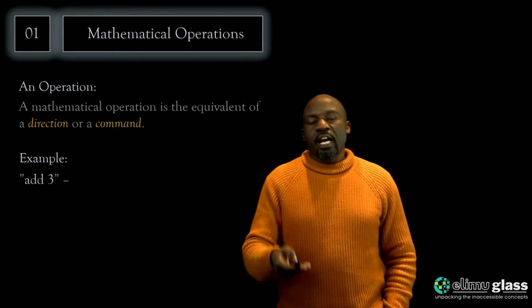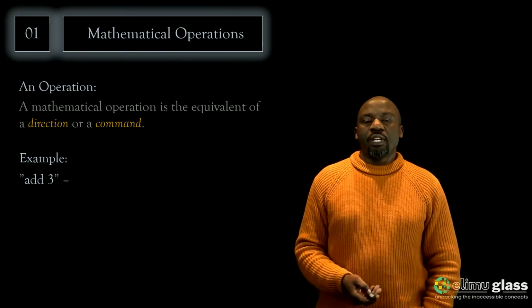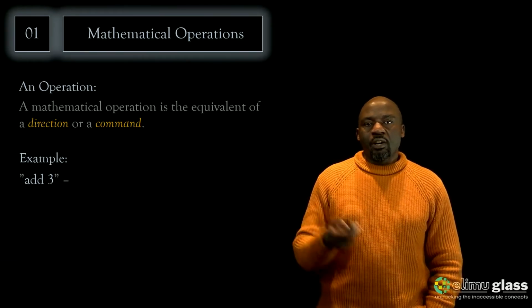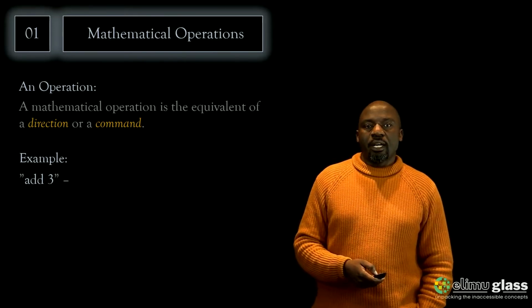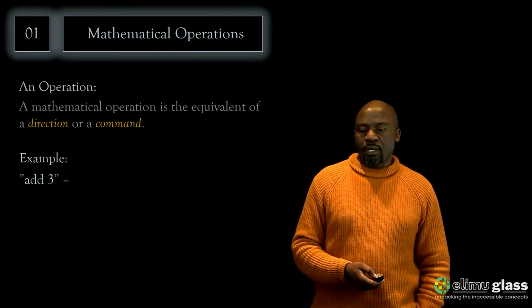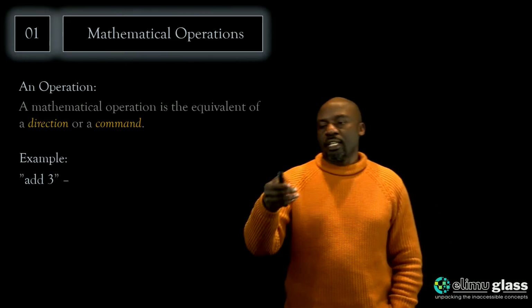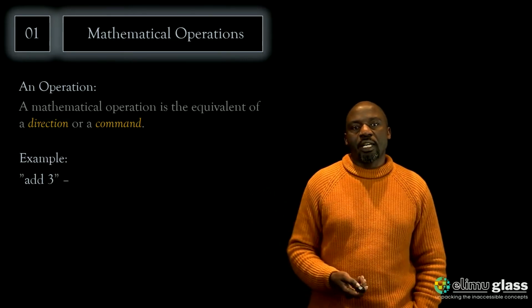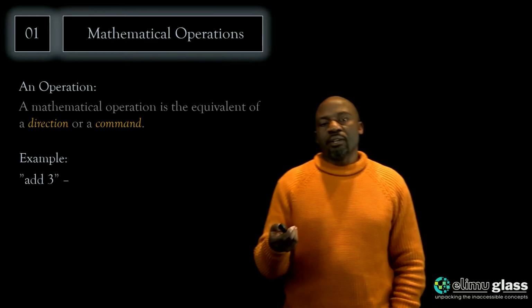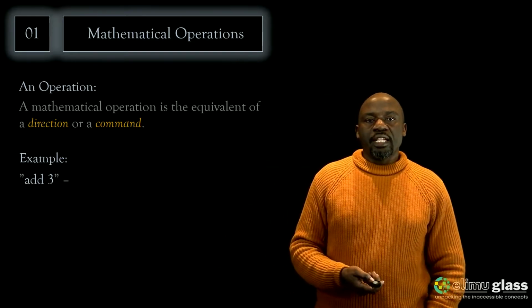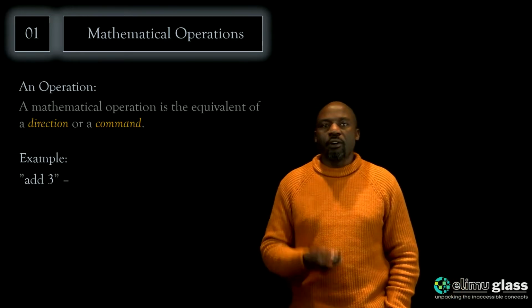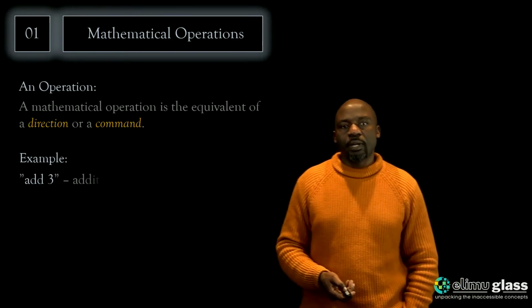So when we say add 3, that's equivalent to saying x plus 3 or y plus 3 or p plus 3. This is an example of a mathematical command, and this will be referred to as the addition operator, or the addition operation.